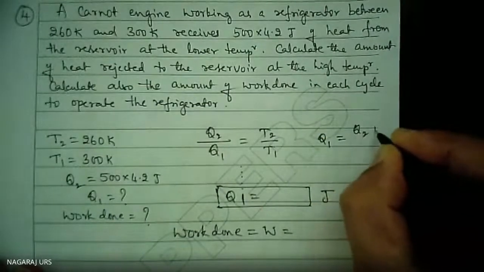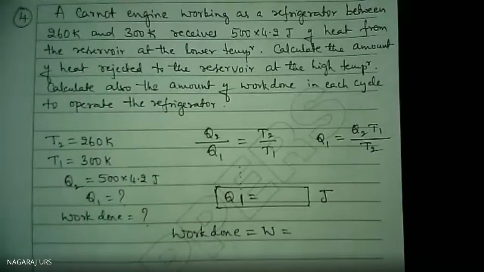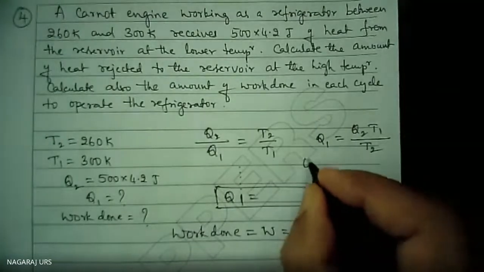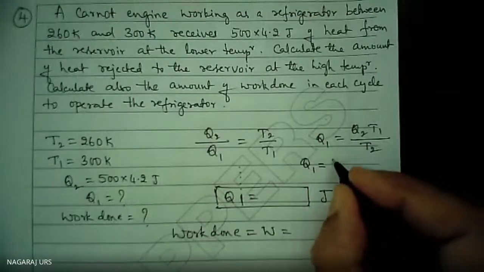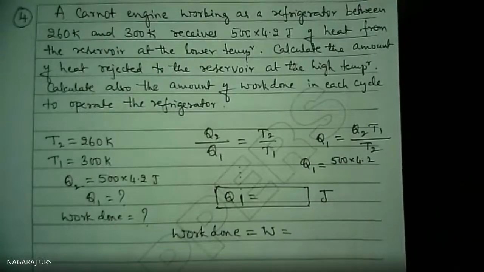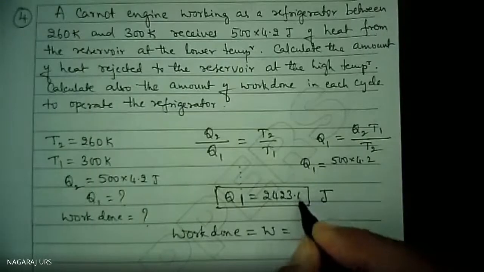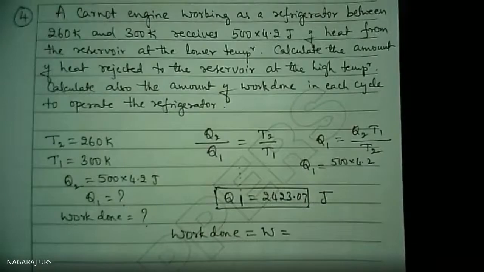Q1 is equal to Q2 T1 divided by T2. Substitution. Q2 is 2423. Point something, 0.07. Okay. Now calculate the work done.